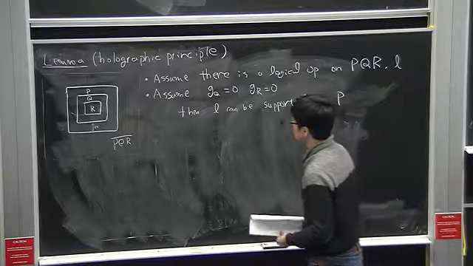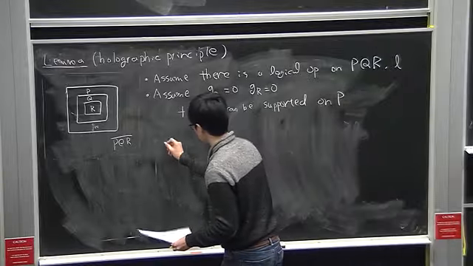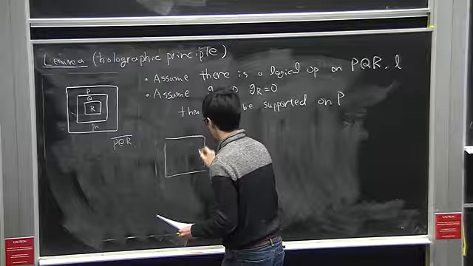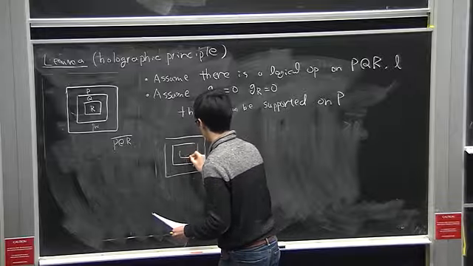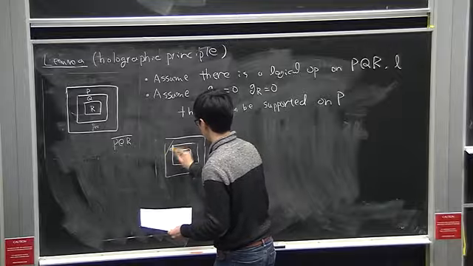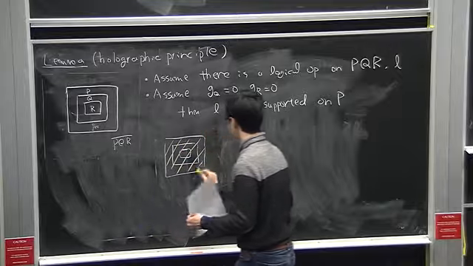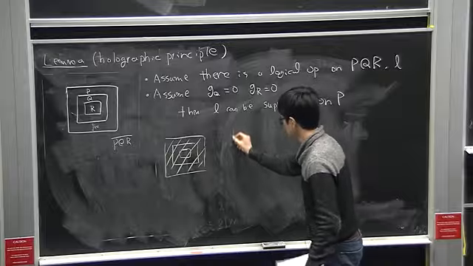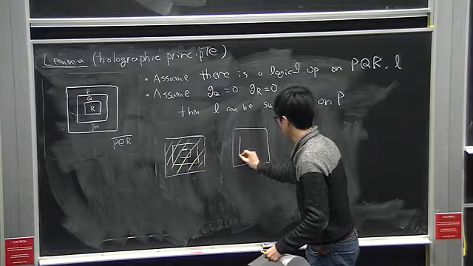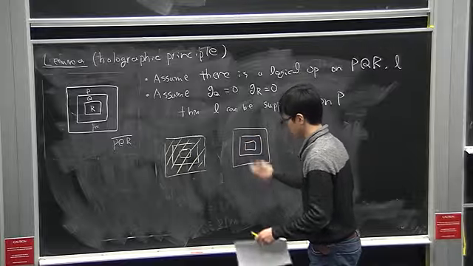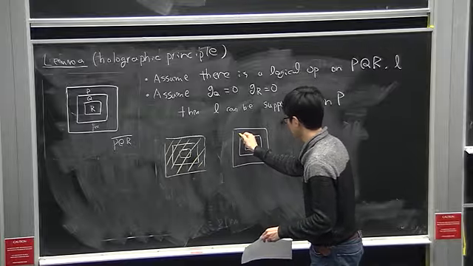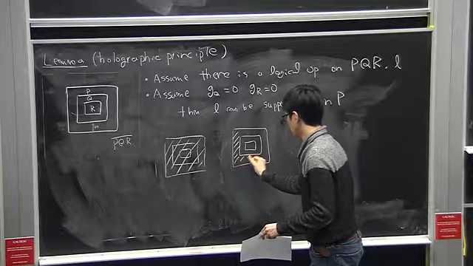The reason why this is called a holographic principle is because if we have some logical operators like this, then it can be supported on the boundary.